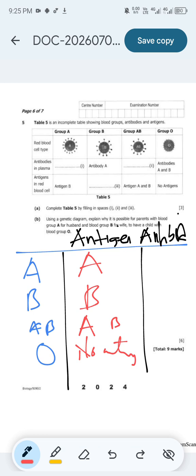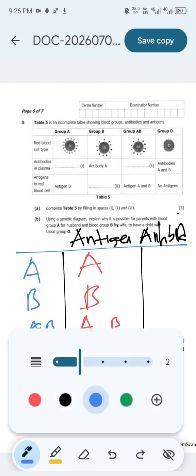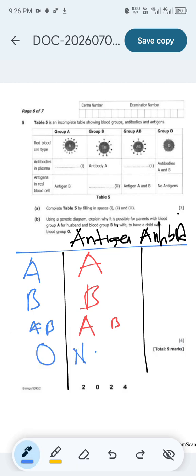Blood group A, it's A. Blood group B, it's B. Blood group AB, it's AB. Then blood group O is blood group O because it doesn't have an identity. If it doesn't have an identity, then we're going to say it doesn't have an antigen, because an antigen is an identity. So what I've written here, in case people are not seeing, is no antigen.